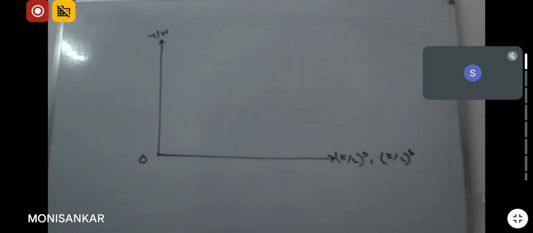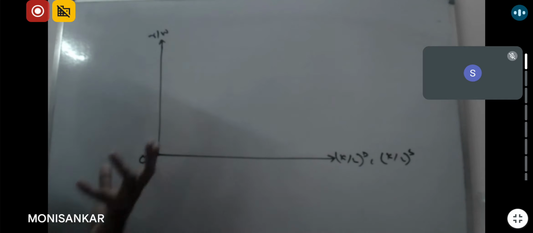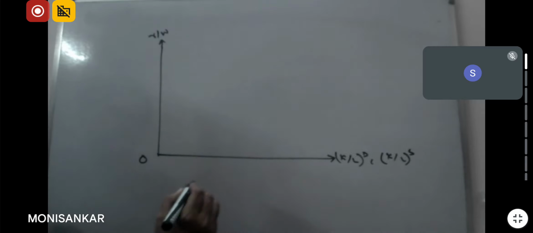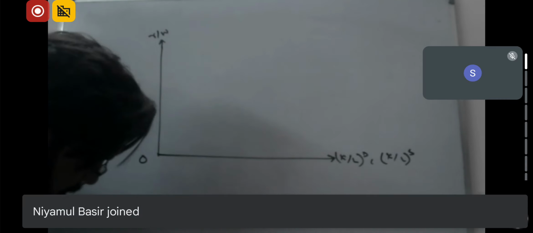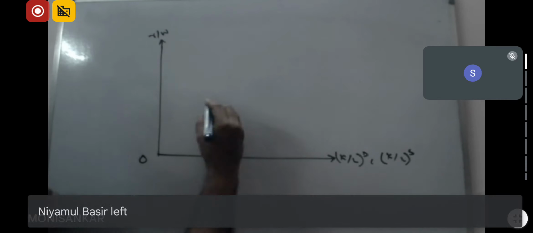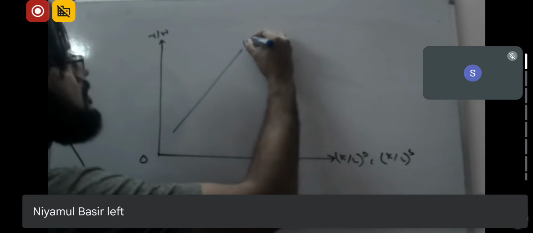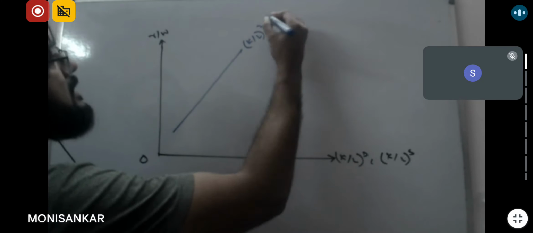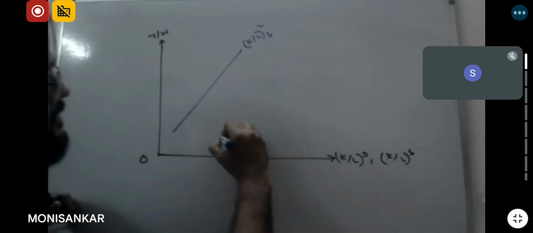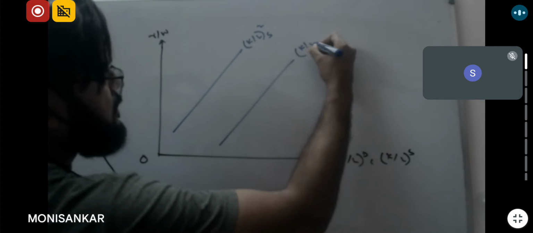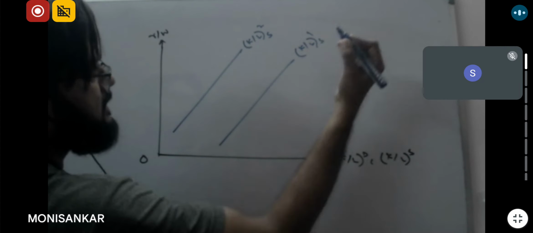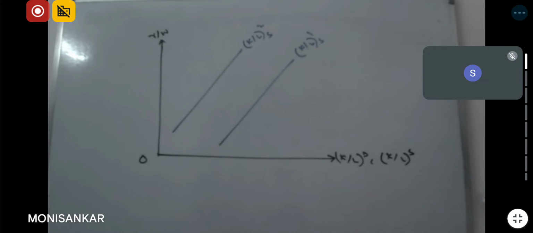So simple. For any product, this is a factor. So this is the K by L supply in country 2. This is the K by L supply in country 1. So at any R by W, that is, at any K by L ratio, supply is greater.